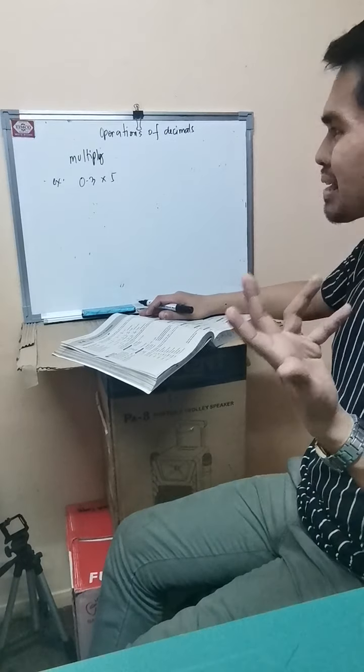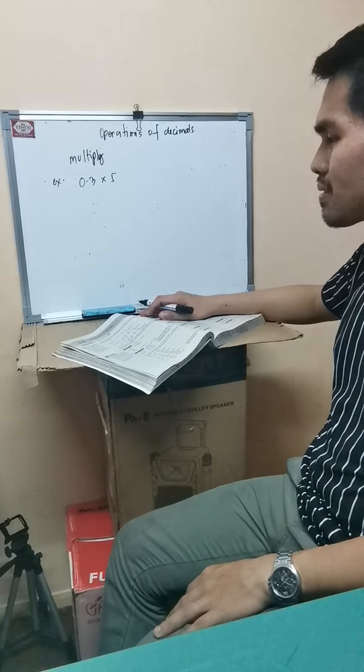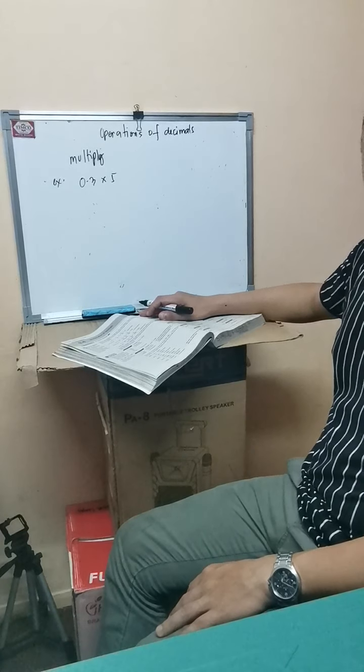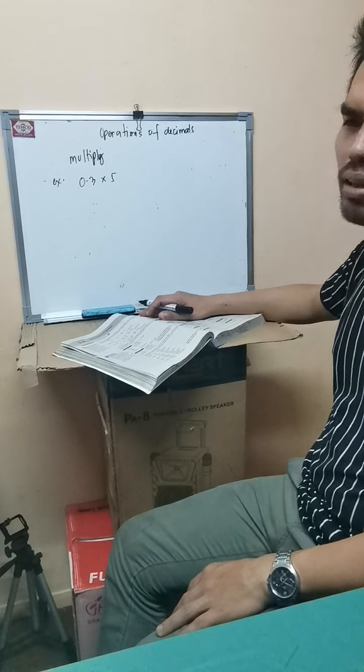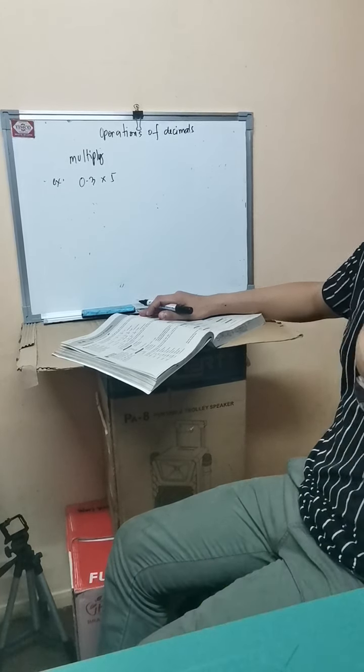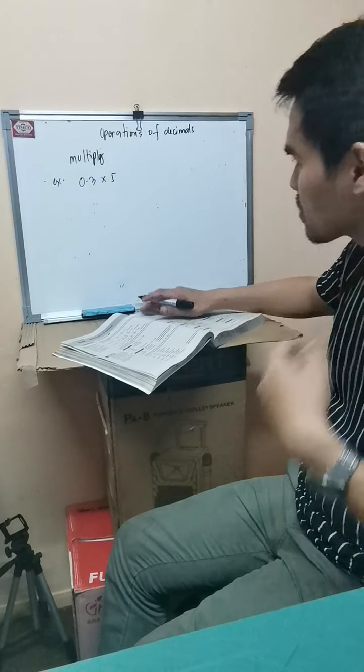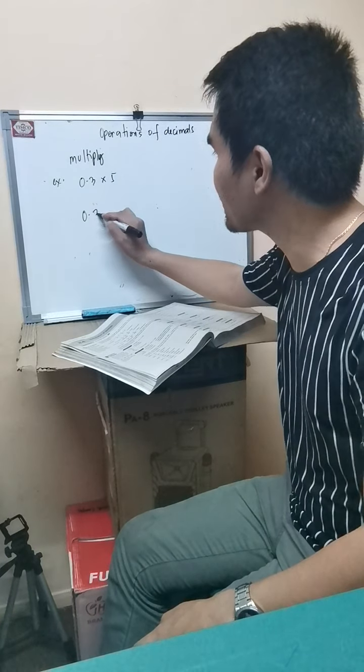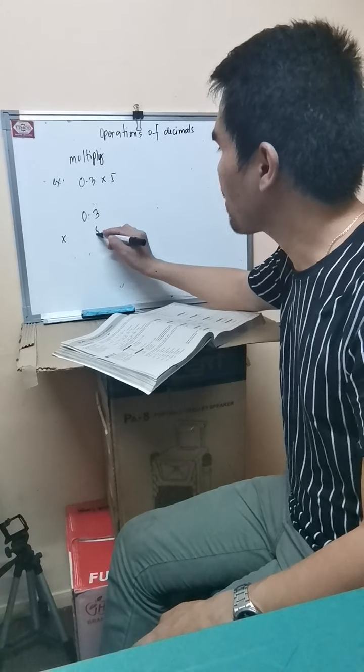Now in this case, in the multiplication of decimals, we don't necessarily arrange them by place value, but if you can, you just arrange them, but it's not really a must. So we will have here 0.3 times 5.